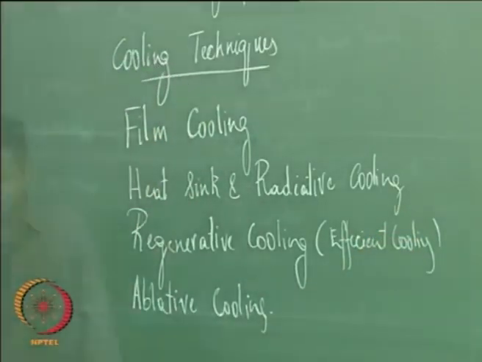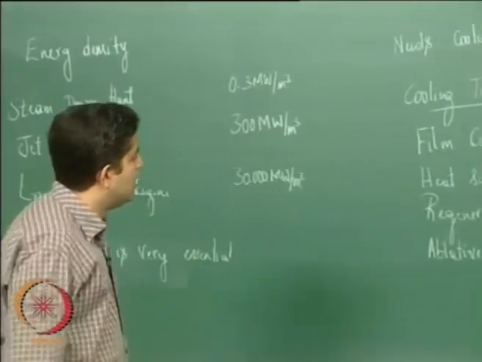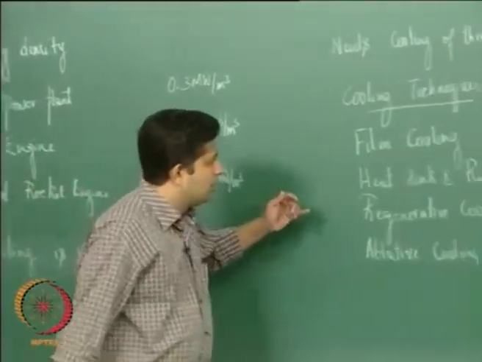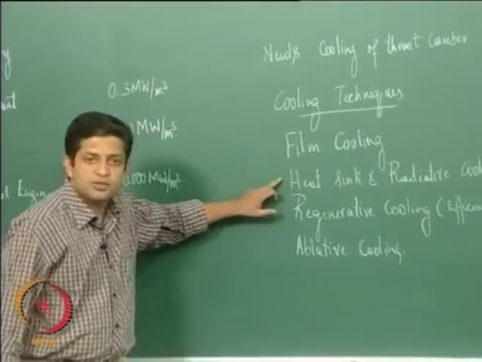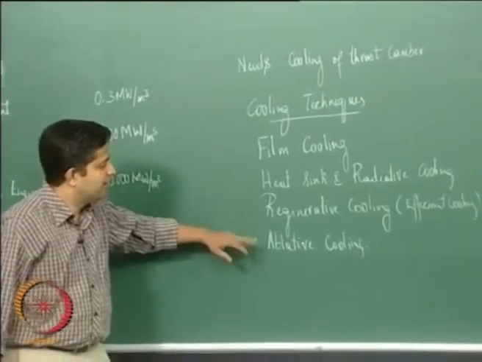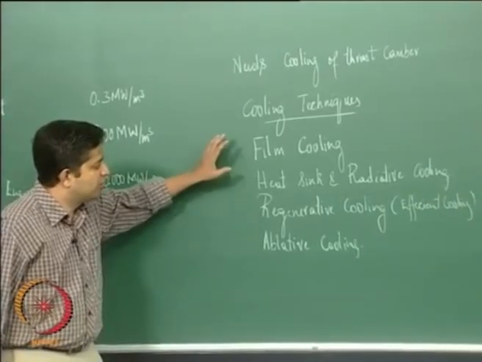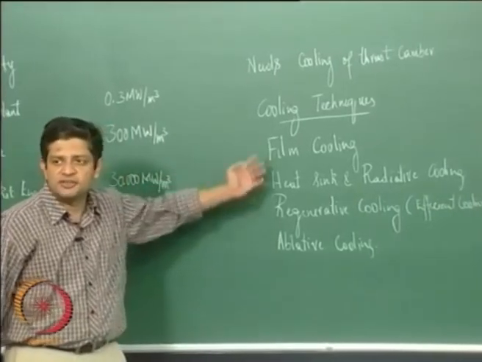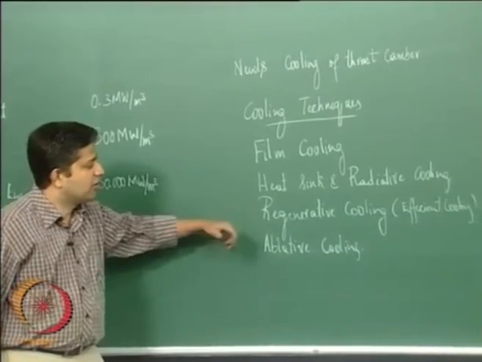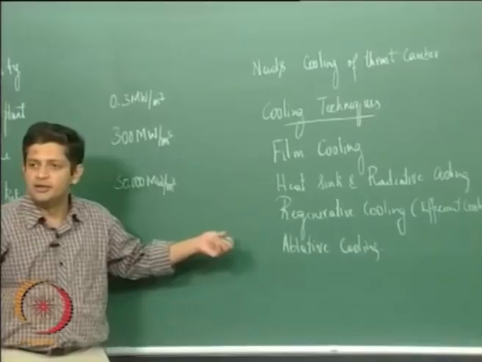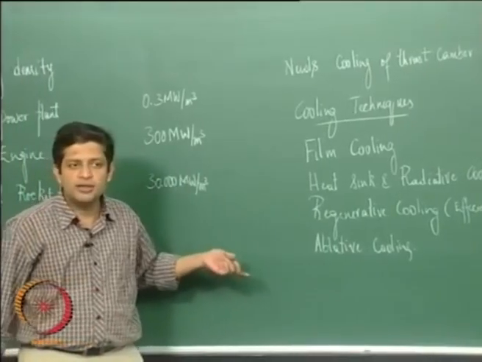In a solid rocket motor, only these two are used, whereas in a liquid rocket motor, you can use all of these, primarily because in a solid rocket motor you do not have any other liquid to circulate around and cool the system.